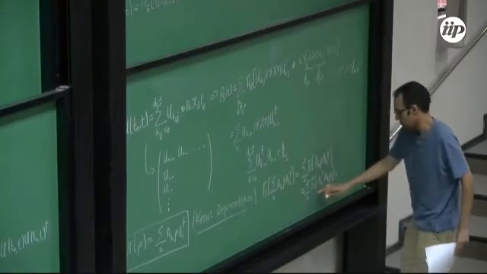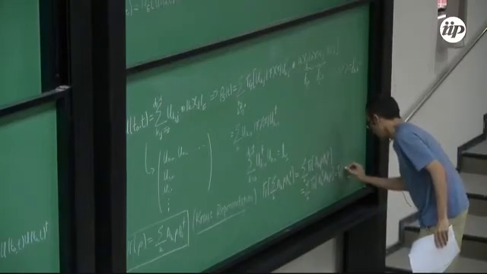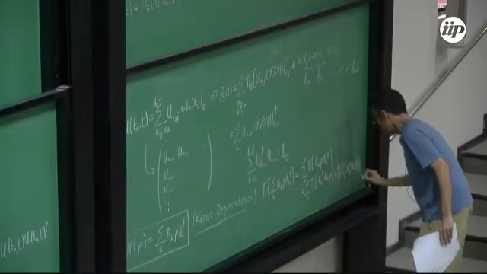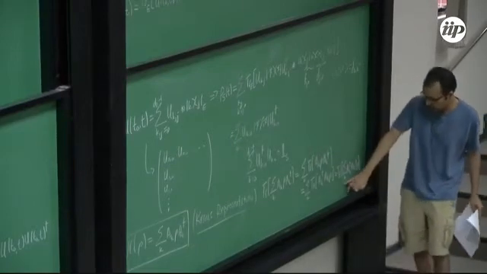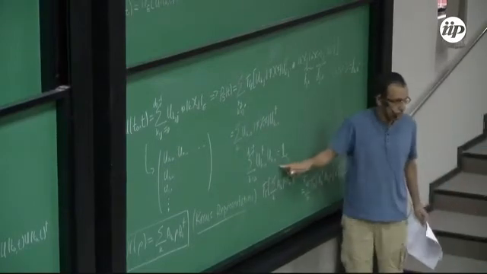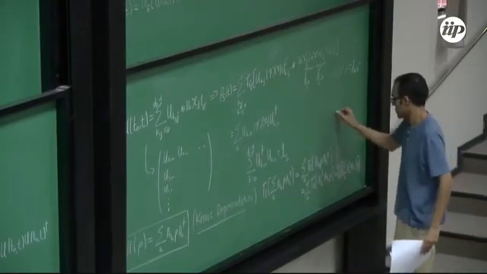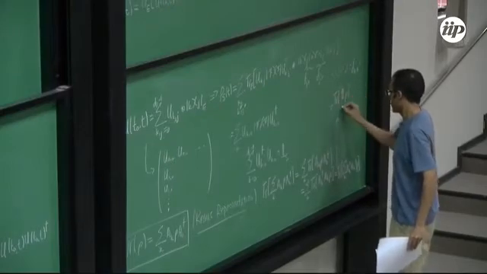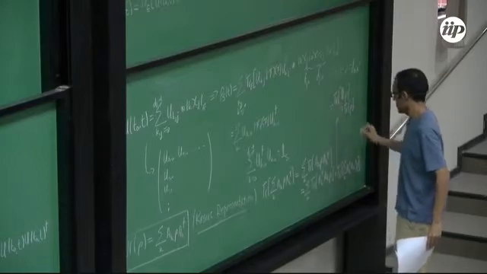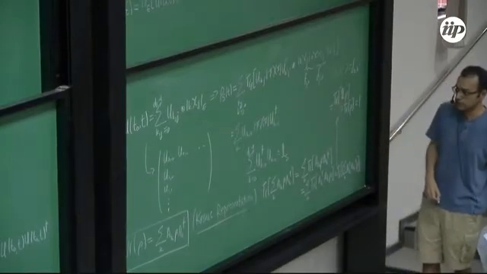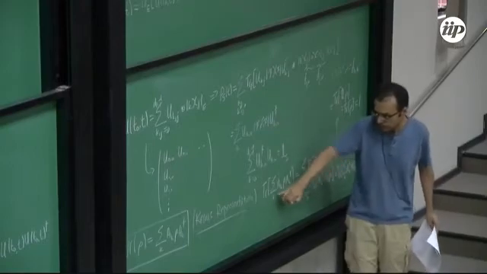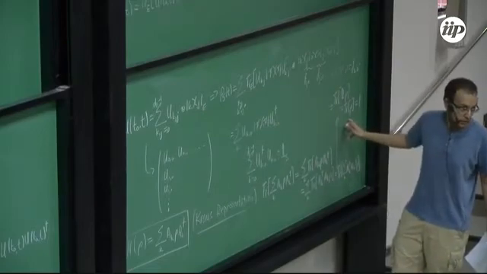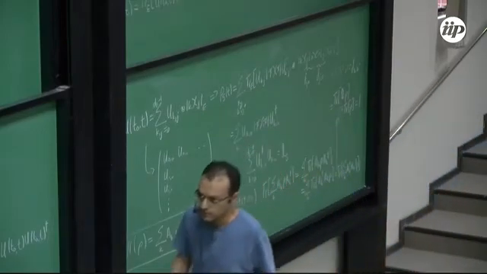And now I bring the sum back inside. But we showed here that this particular sum is equal to the identity. So this is the trace of rho, which is equal to 1 if you have a quantum state. So what this is telling us is that the thing that we get after the action of the channel has the same trace as what it was initially. So what this means is that the map is trace preserving.